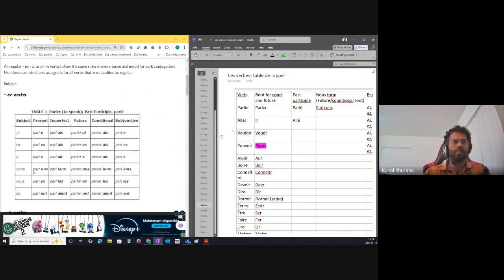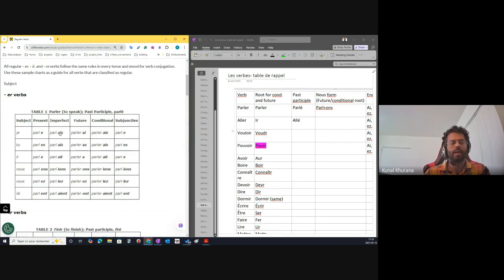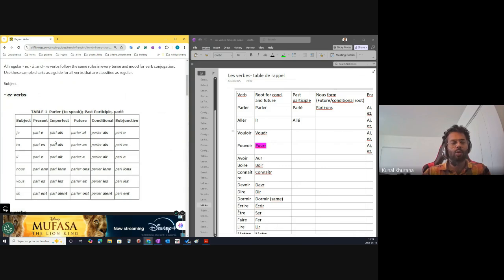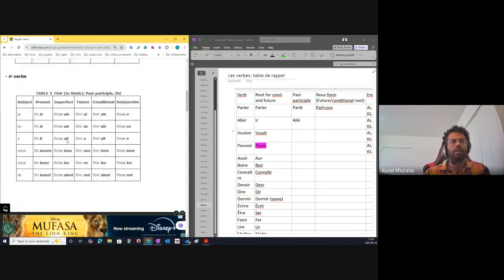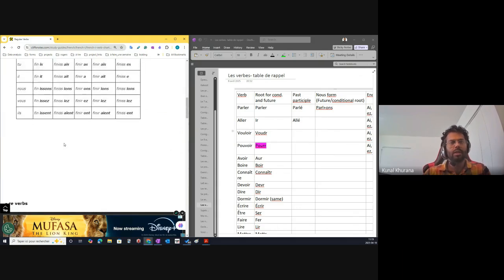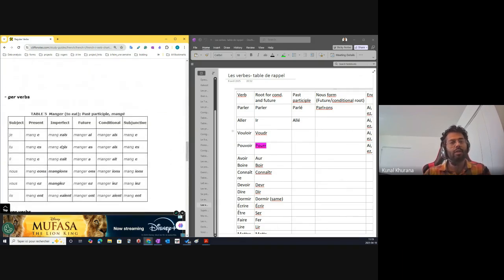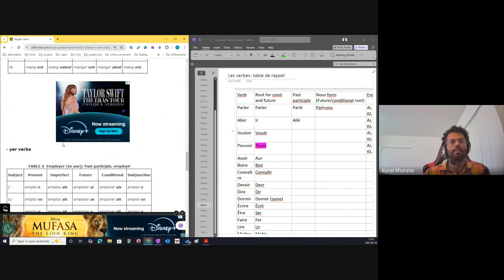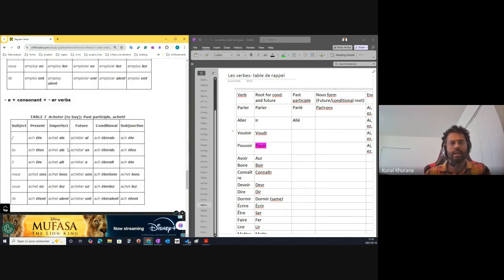Just take the root, parl-, and add these endings, and that becomes your imperfect. That's used to tell that the action continued for a certain period in the past. So first go through the regular verbs, then the irregular verbs, and cram them. This is your homework for the weekend, guys.